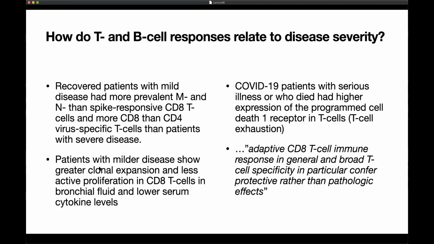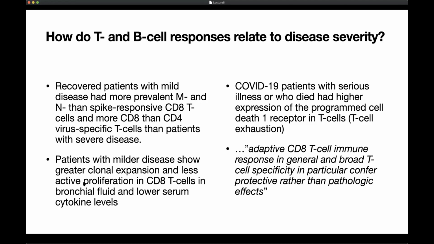Patients with milder disease show greater clonal expansion, less active proliferation in CD8 T cells, and lower serum cytokine levels. So there's a lot packed into this. Clonal expansion basically means that you have a couple of cells that are very good at killing SARS-CoV-2. They get stimulated and pump out thousands or tens of thousands of exact copies of themselves, so they can then go on and clear the infection.